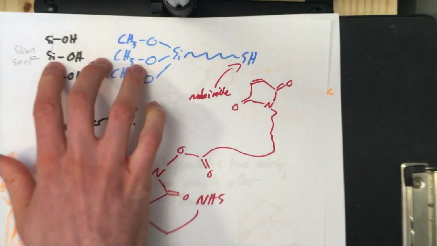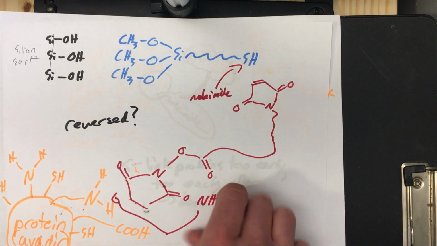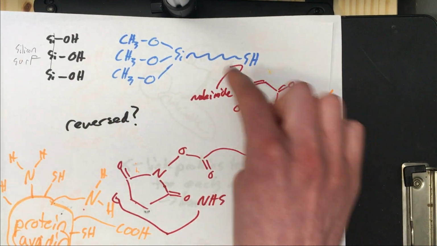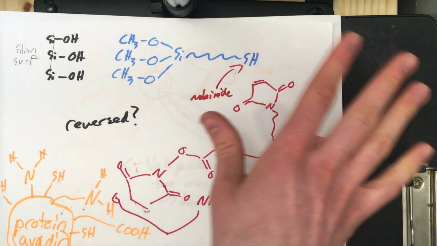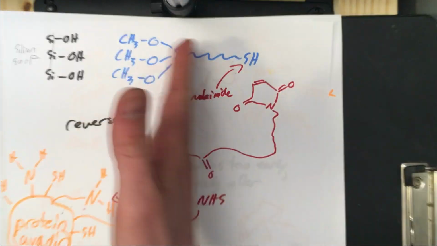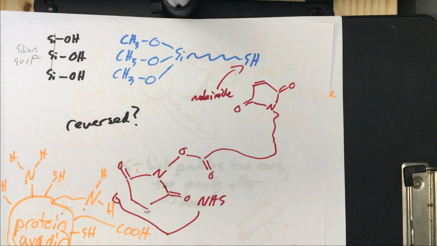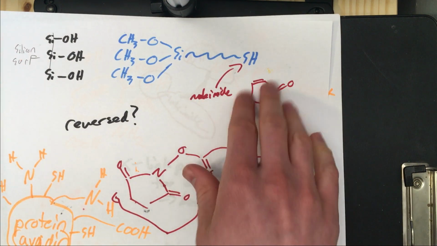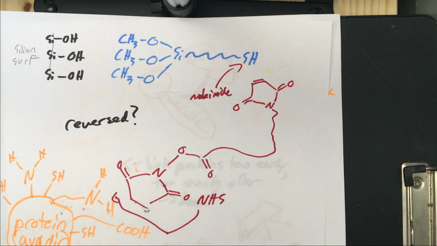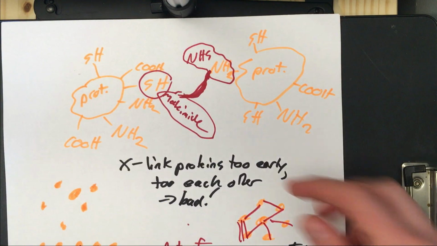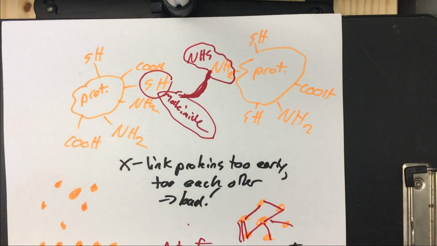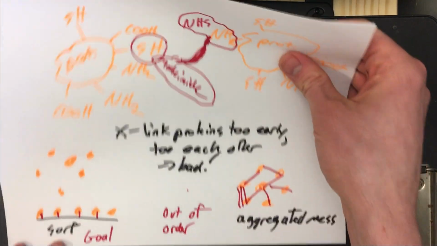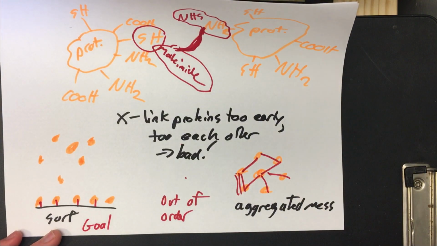So I can basically apply these molecules in a proper sequence, making sure all of the previous ones are reacted before exposing the surface to the new one. And if I grow things up from the surface, I can wash away any unreacted reagents before I add the next thing and give it an opportunity to form an aggregated mess, like we talked about here.